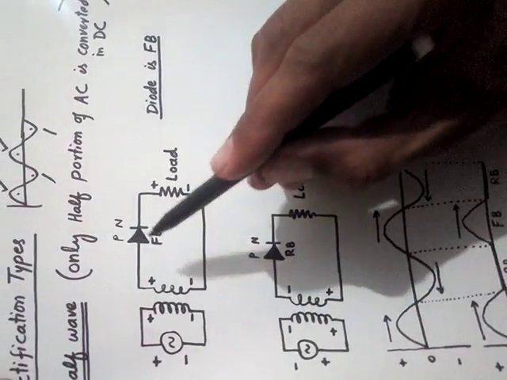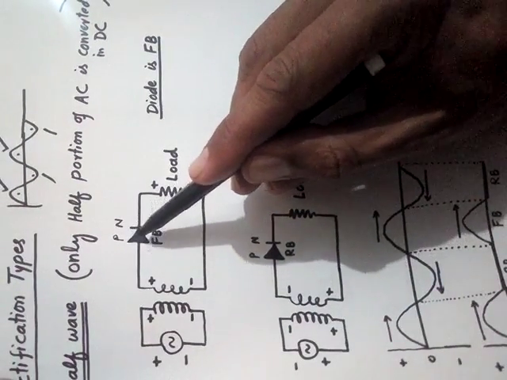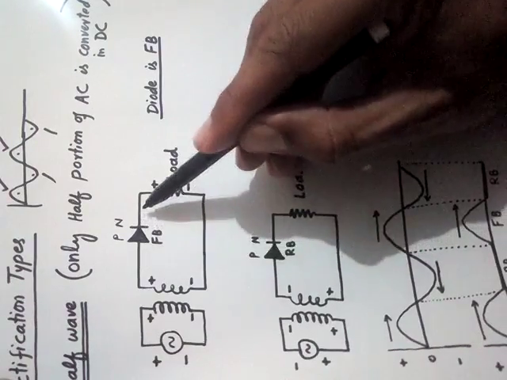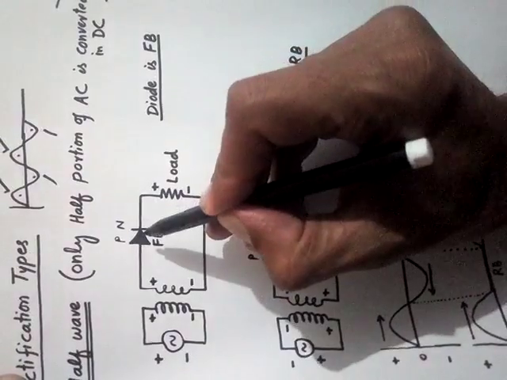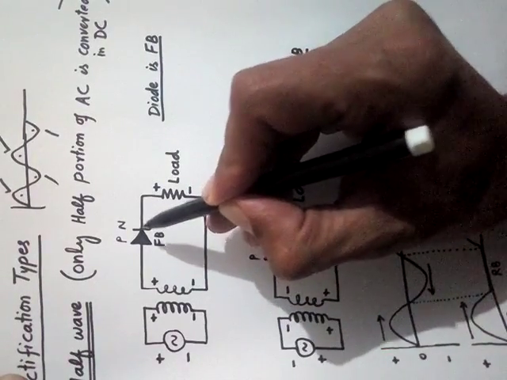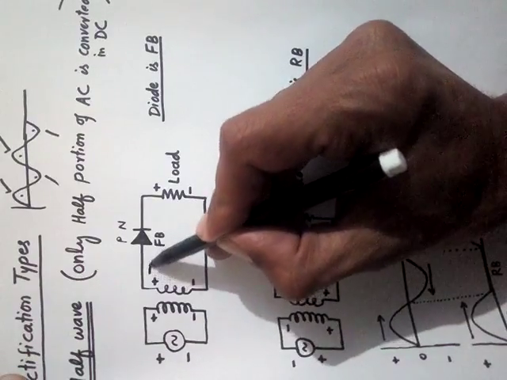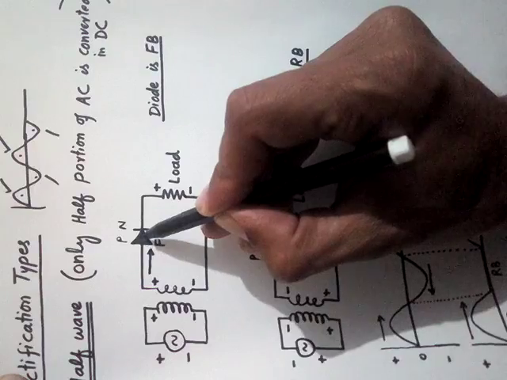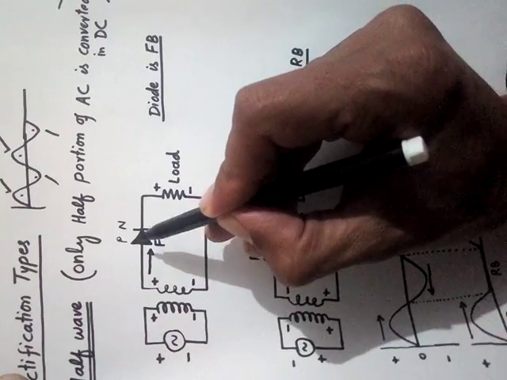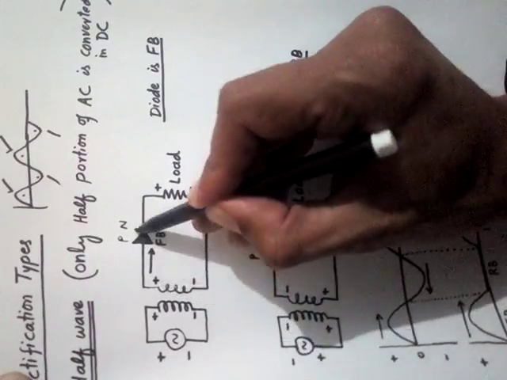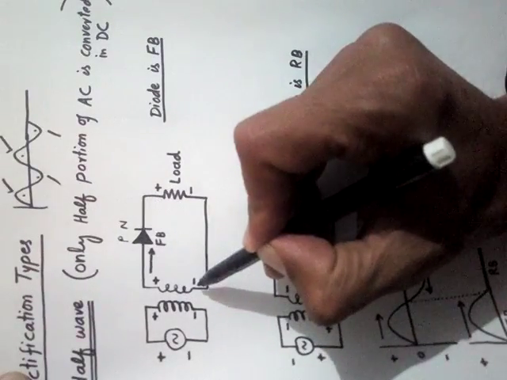Okay, what happens? We studied that whenever a diode is forward biased, it will conduct current. It means that the current will flow in this direction through this diode. Getting my point? Because this diode is forward biased, and it is forward biased because P is connected with this positive and N is connected with this negative terminal.